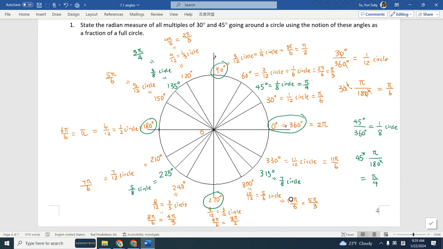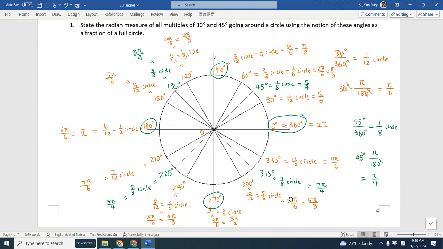This one? 5 pi over 4. And then next one? 6 pi over 4, which is 3 pi over 2. Right, everybody? Next one. 7 pi over 4. And if we get back here, that's 8 pi over 4, which is 2 pi.